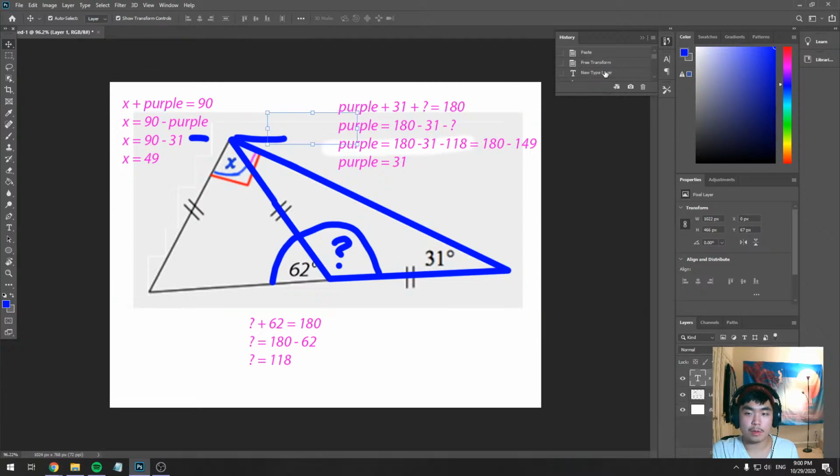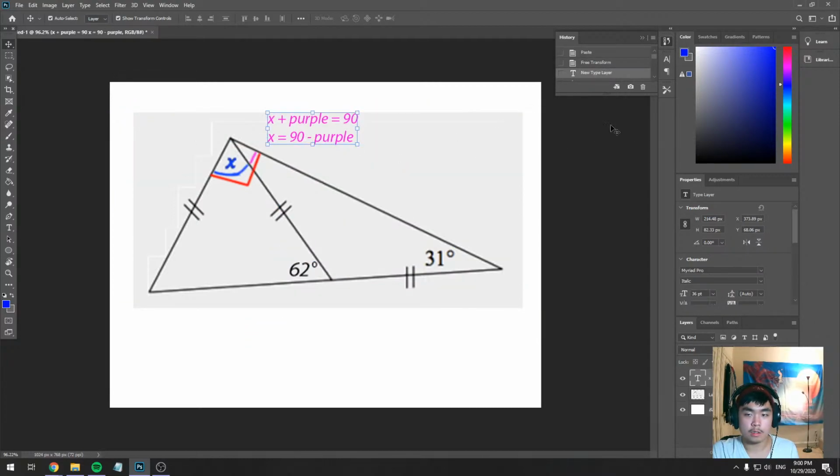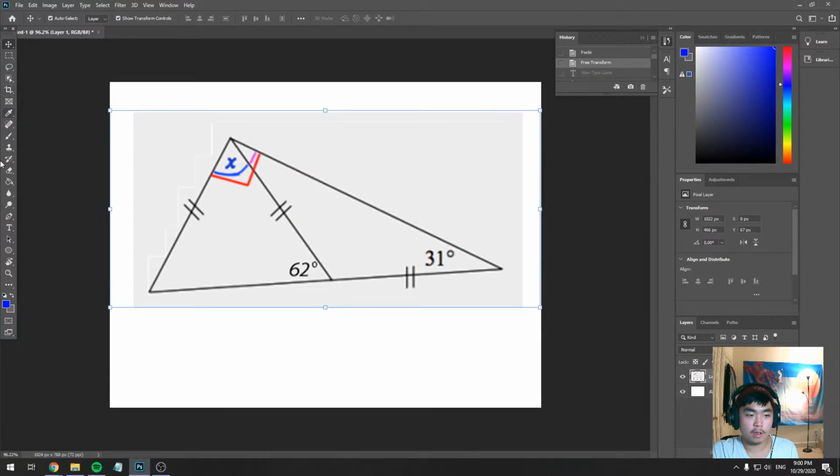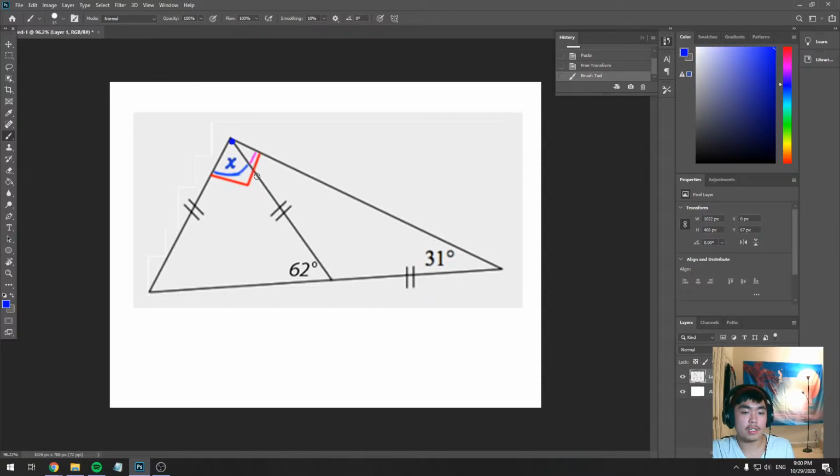So to recap, we were given just two numbers. We looked at this problem and said, all right, how do I solve for x? What do I need in order to solve for x? I said, well, I need to solve for purple, because once I know purple, I know that x is just 90 minus purple.